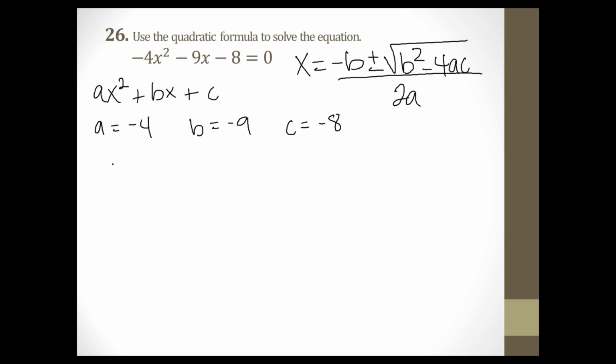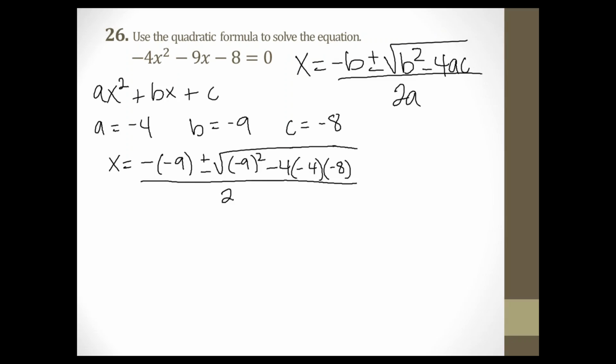So we have x equals negative b, which b is negative 9, plus or minus the square root of b, which is negative 9 squared, minus 4 times a, which is negative 4, times c, which is negative 8. And then all of that is divided by 2 times a, which is negative 4.